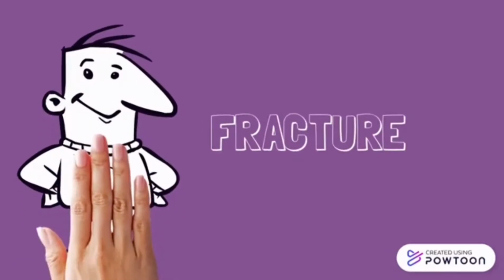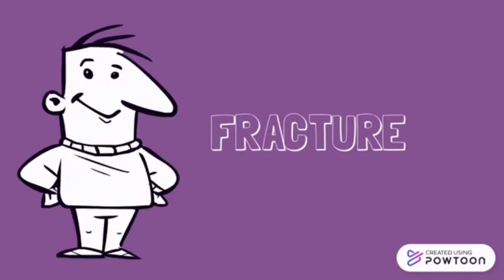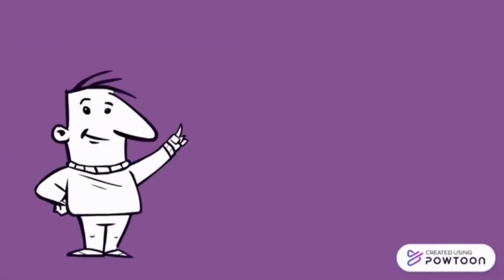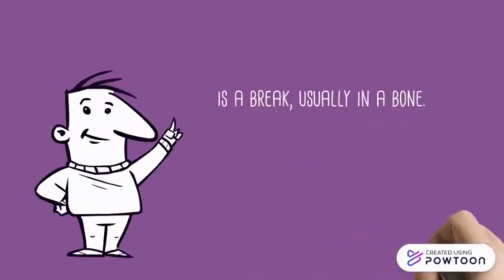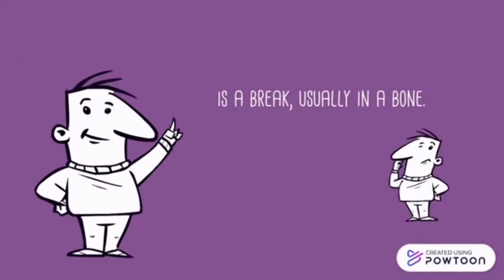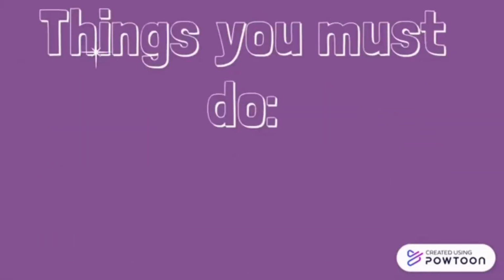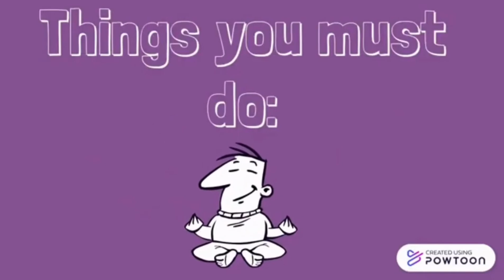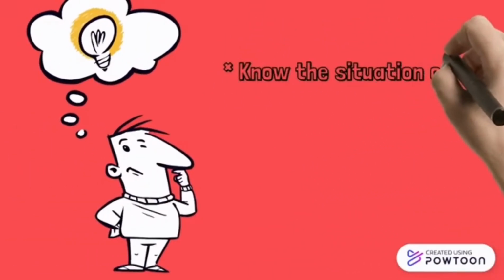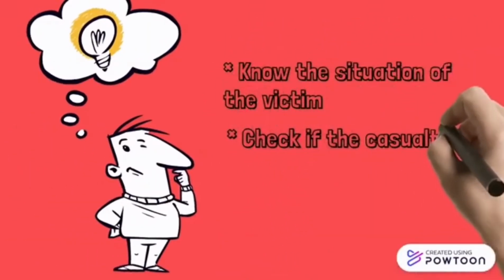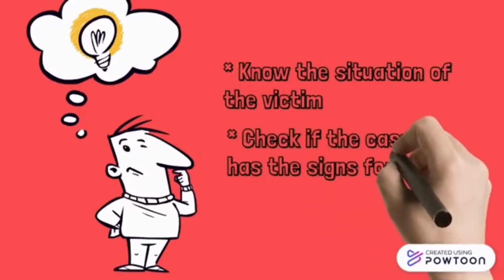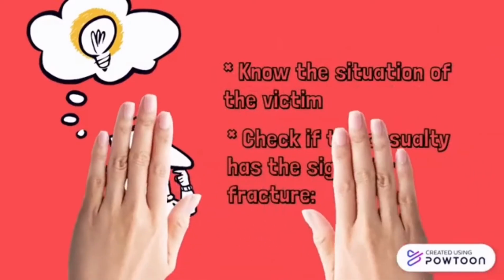How to treat a fracture. First, let's define what is a fracture. A fracture is a break, usually in a bone. These are the things you must do. First, know the situation of the victim. Second, check if the casualty has the signs of a fracture.